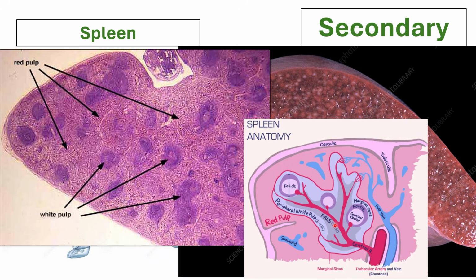Okay. Also, this white pulp will also contain your macrophages that will eat and digest, phagocytose the dead RBCs that have reached the end of their life cycle.